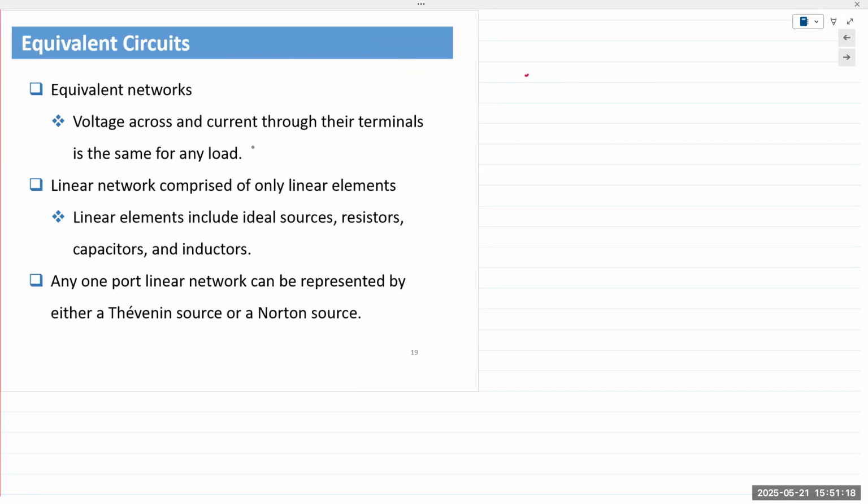In the previous example, the load was R6, the component we are trying to analyze for. So now let's say we determine the Thevenin equivalent network.